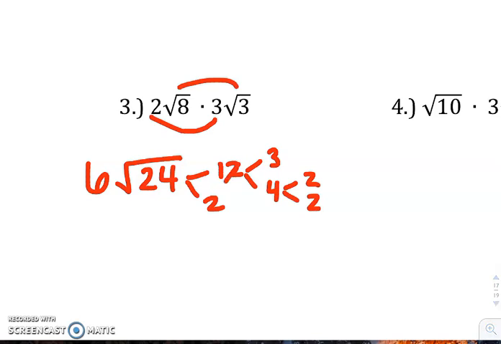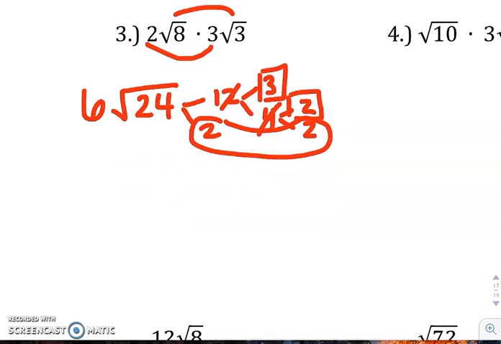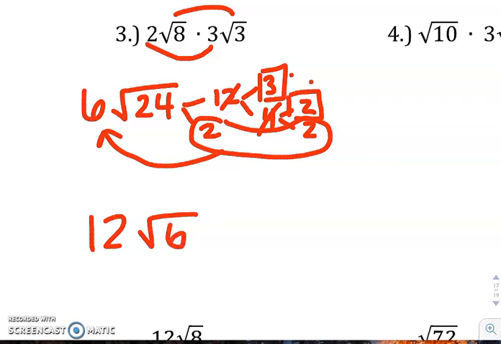Remember, we don't include anything that we branched out. We're just looking at the end of the branches. So there's a pair here, and then these two are left without a match. What's going to happen is the 2 is going to come out with this 6 and make that 12, and we're going to have 3 times 2 multiplied together underneath. So 12 root 6.